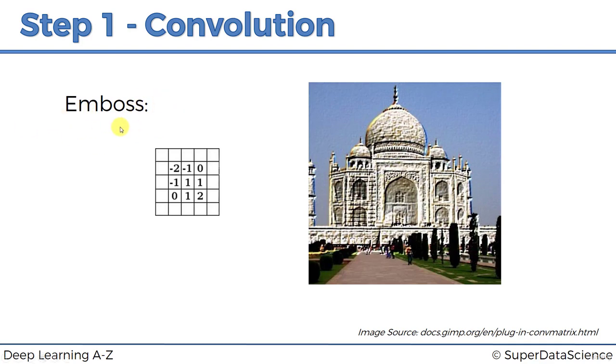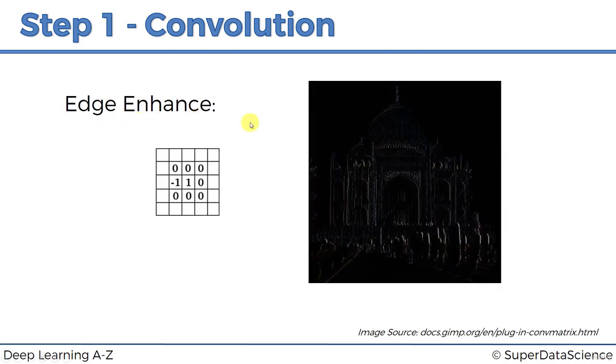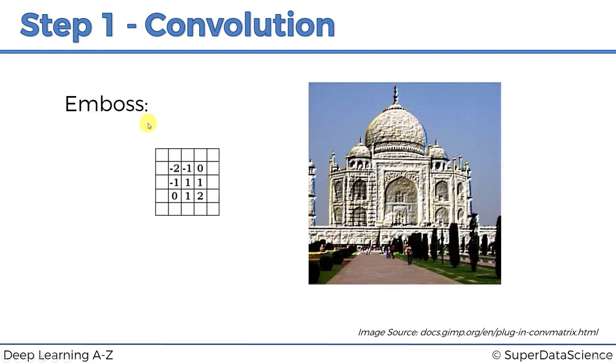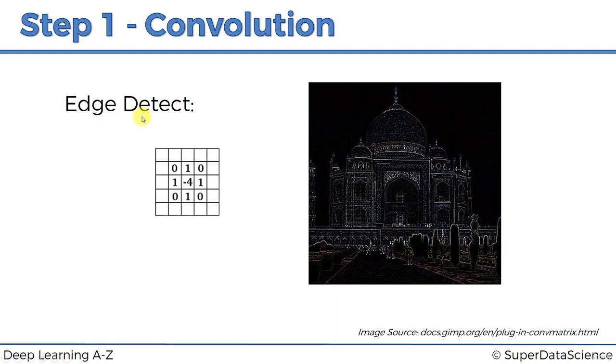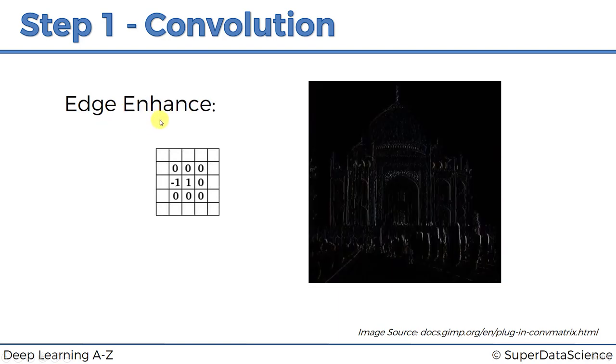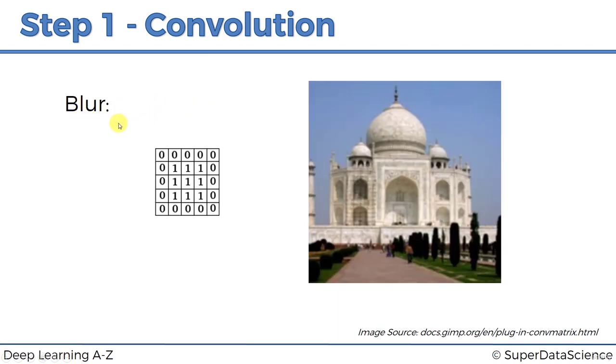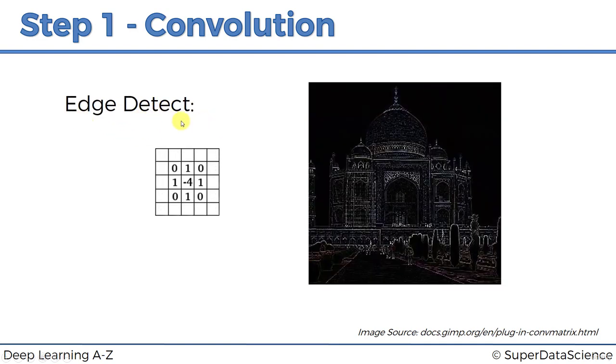These terms are not all applicable to us. Emboss is probably not applicable in terms of convolutional neural networks, but edge detect is important. We want to detect the edges. Edge detect is probably the most important one for our type of work. In terms of understanding, the neural network will decide for itself what's important, and it probably won't even be recognizable to the human eye.